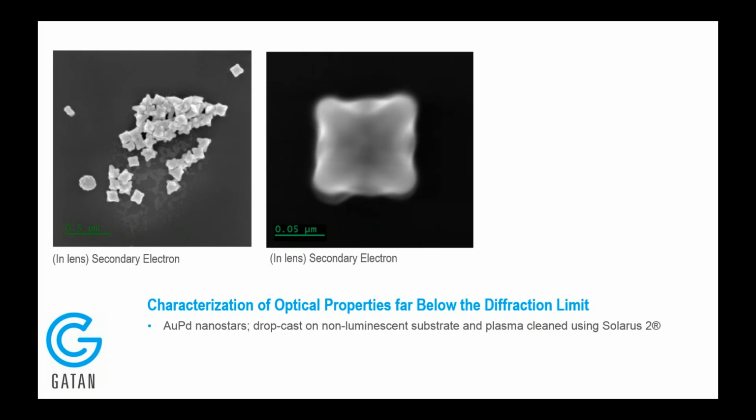In the center is an individual gold palladium nanostar, and these are about 80 to 100 nanometers tip to tip. So very small, below the diffraction limit of light. So something that you would not be able to see individual nanoparticles in an optical setup.